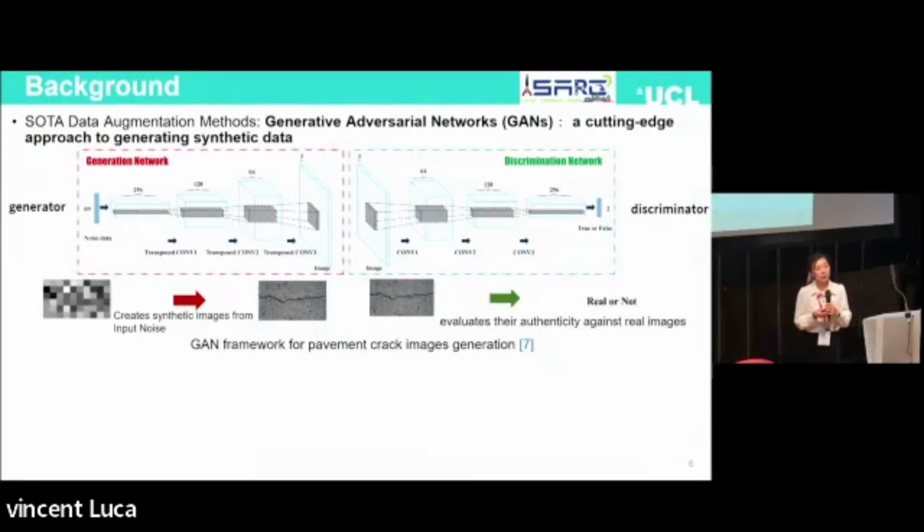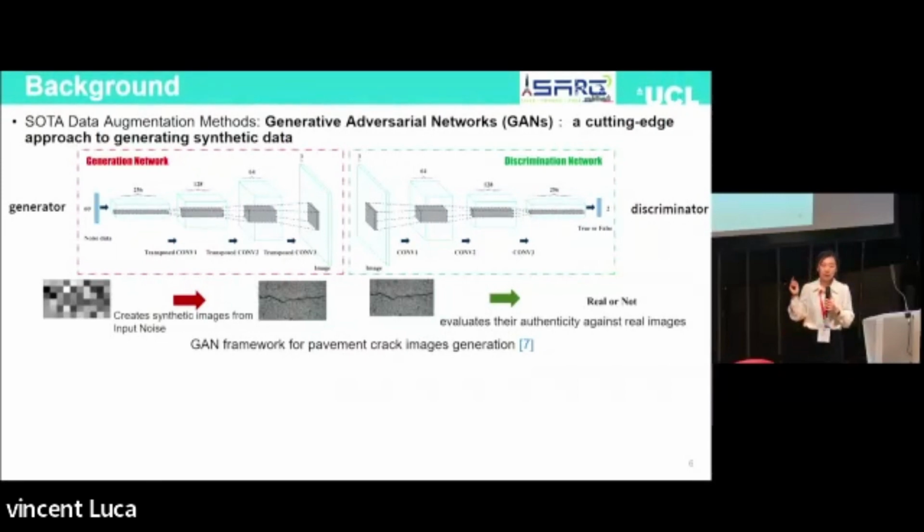So afterwards, we wanted to propose some new techniques. After a little review, we think generative adversarial networks, GANs, may help us address this problem. GAN is a cutting-edge approach to generating synthetic data.